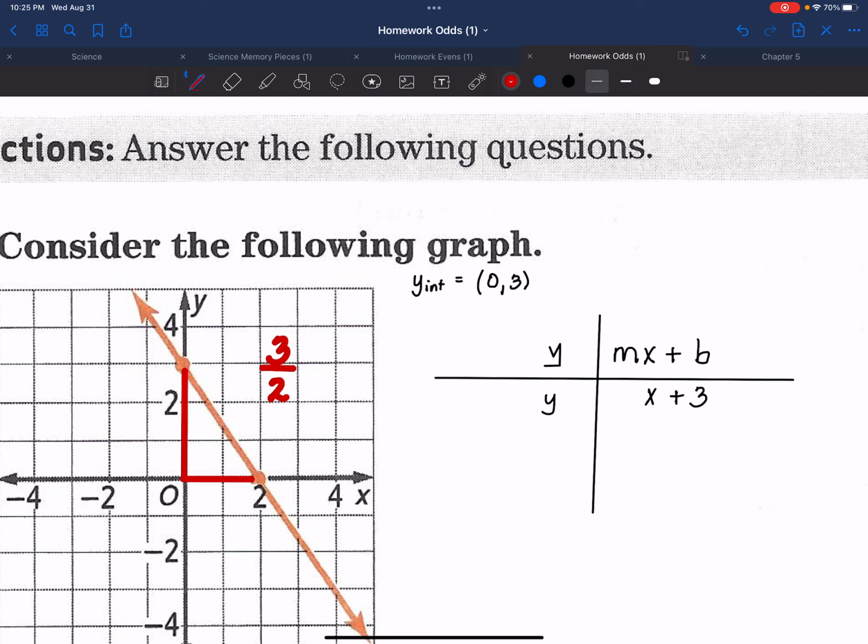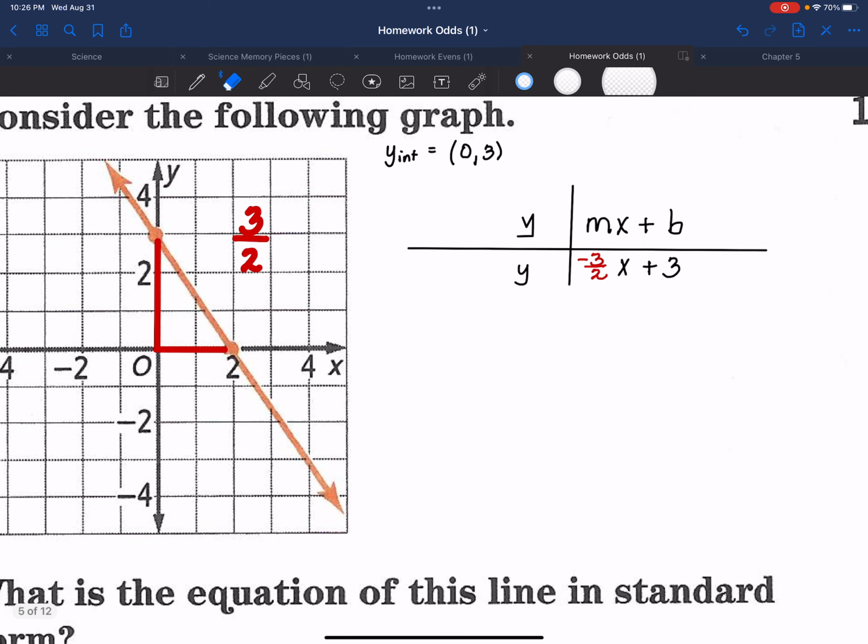And that will be your slope. It is a negative slope. So for every 3 you fall, you still run 2. But we need to make sure we get the negative sign in there. And that is the equation in slope-intercept form.